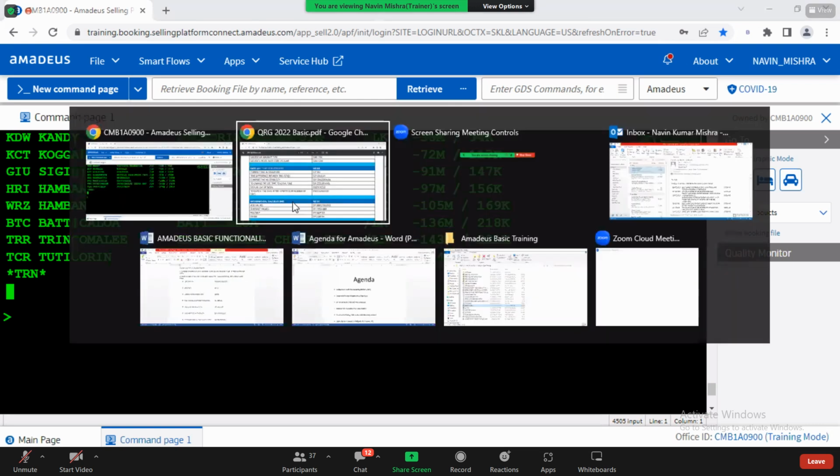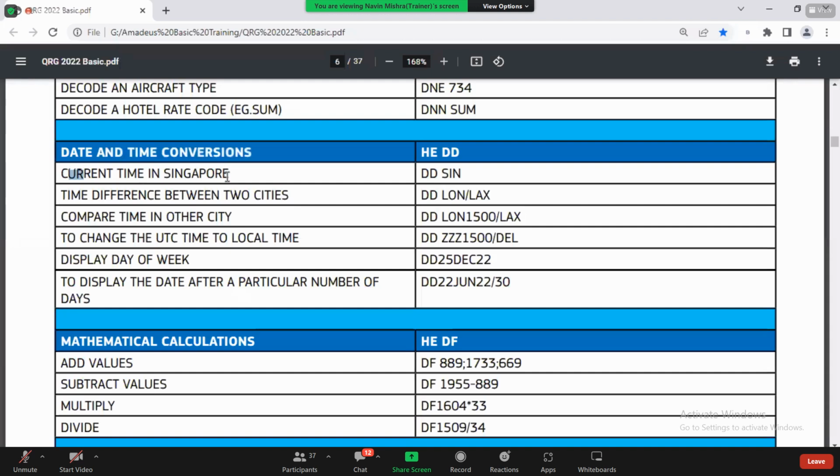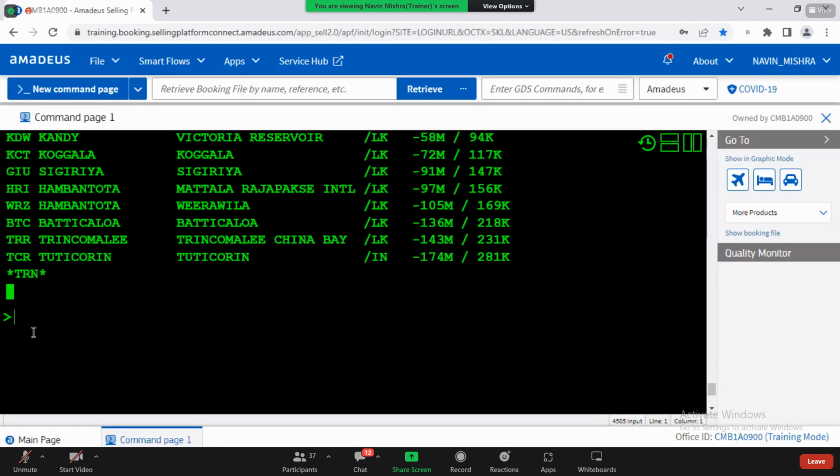The first command, if you want to know the current time of any particular city, will be done through this DD command. What is the command that will help you to find out the current date and time of any particular city? DD, and let's find out LHR or LON as the city code. I want to know the current time of London city.